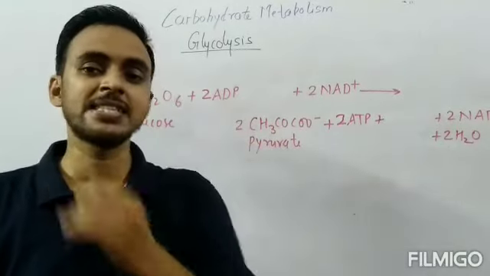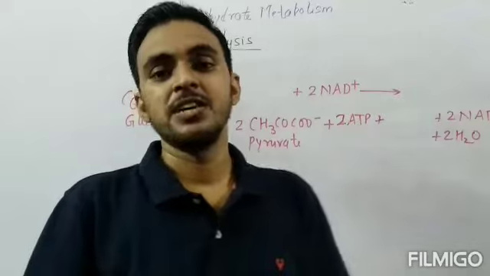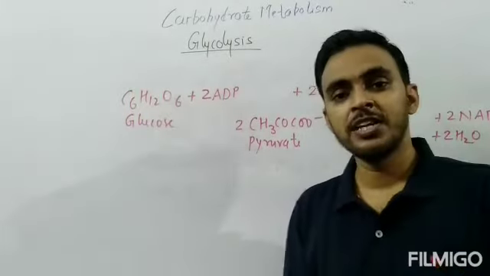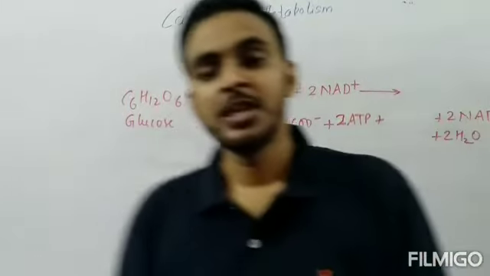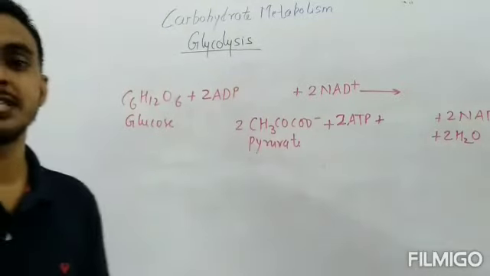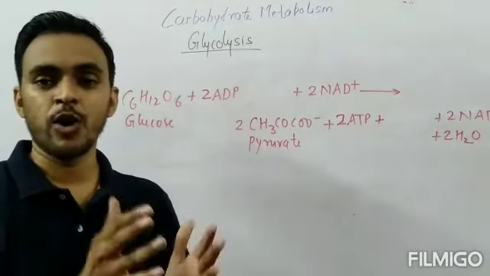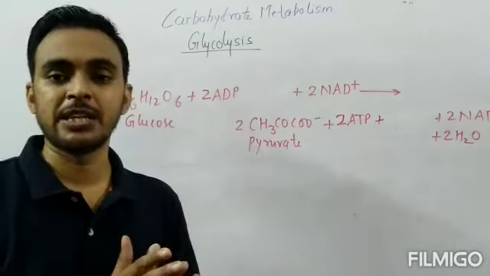So in the cancerous cells and in the cells which have hypoxia condition, only these 2 ATP are formed. So this glycolytic pathway is common in both aerobic and anaerobic pathways.